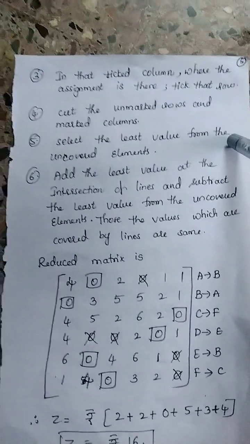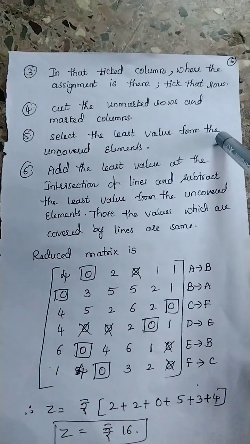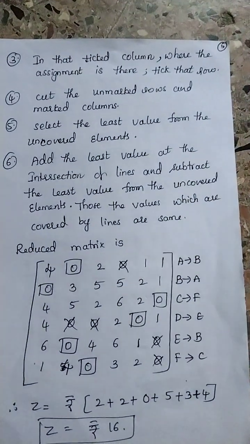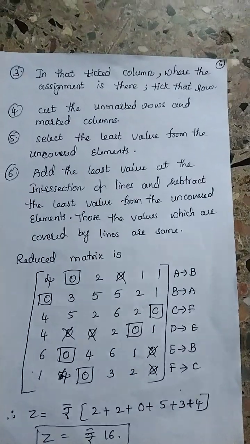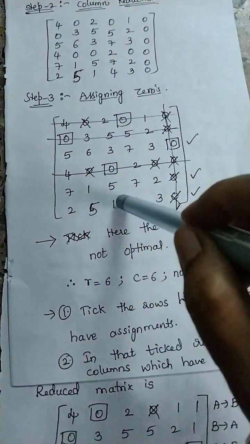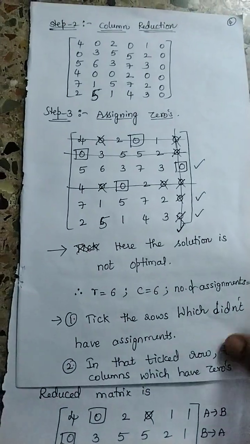Now the next method is to select the least value from the uncovered elements. So you are going to write the uncovered elements from this matrix. See, select the least value from the uncovered elements. What is the least value? 1. With that value of 1, what are you doing?